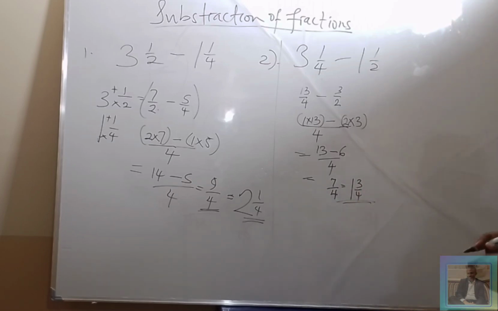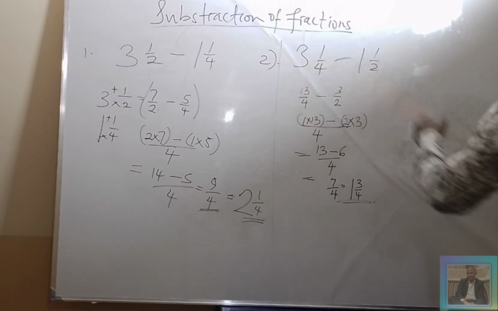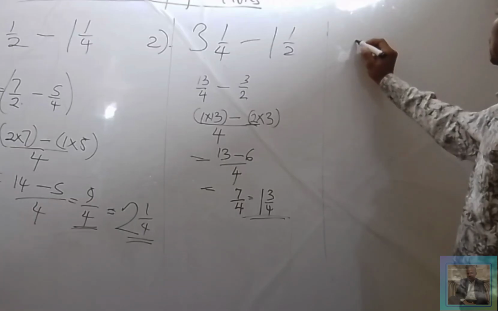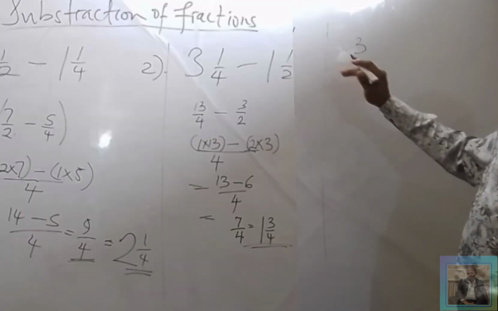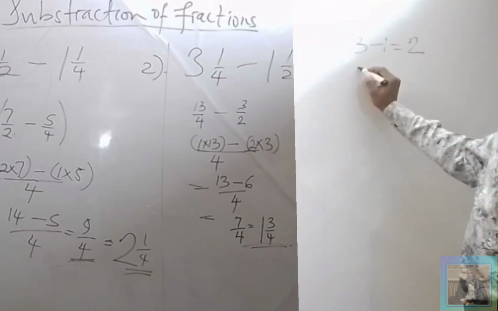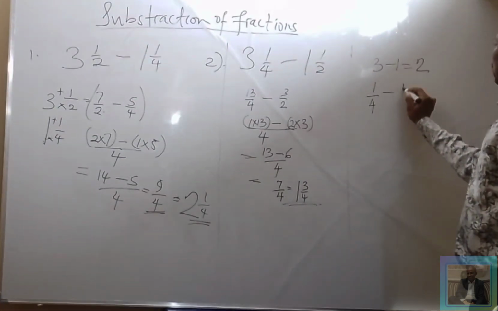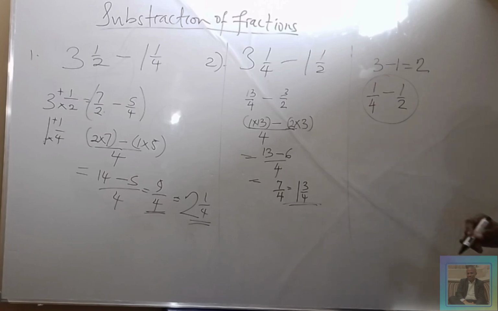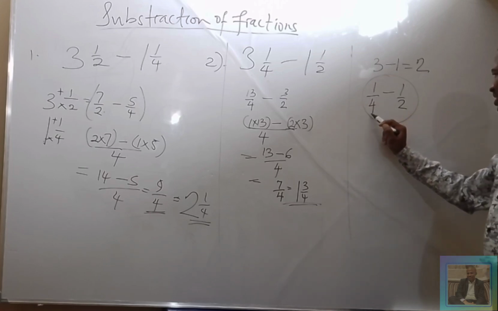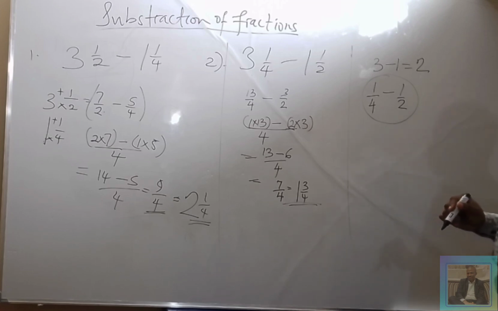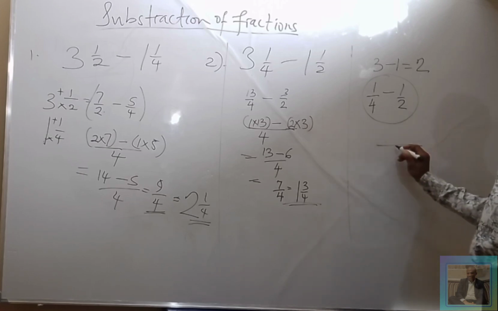Now, if we had done the integers first, we say 3 minus 1, it gives us 2. And then we say 1 over 4 minus 1 over 2. This question will be difficult to do, because a quarter is smaller than a half. But let's try it all the same. What's the common denominator here? 4.